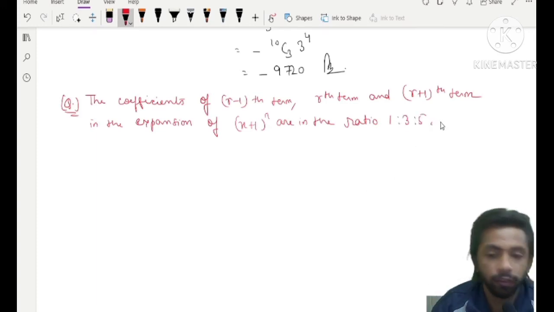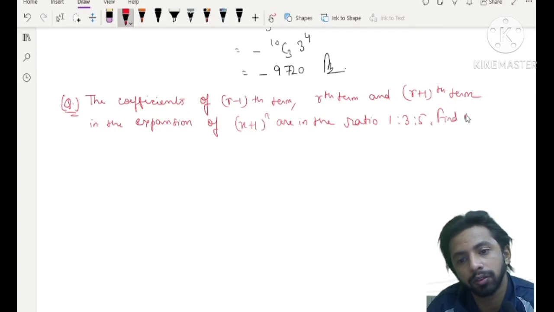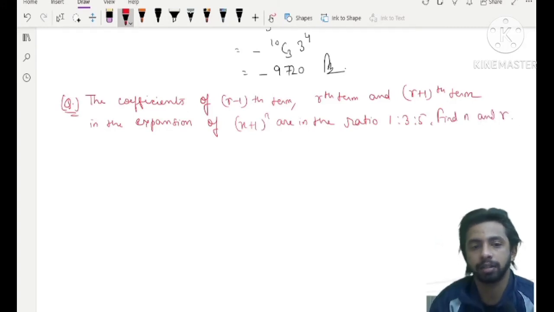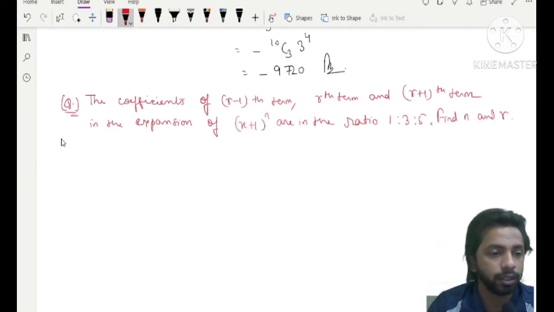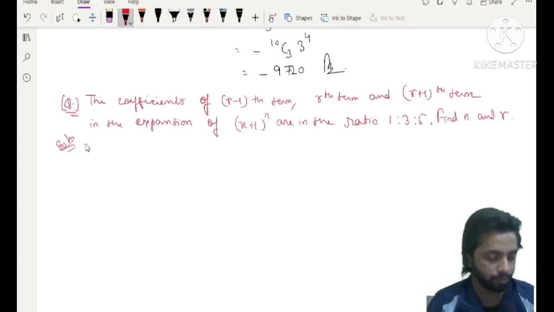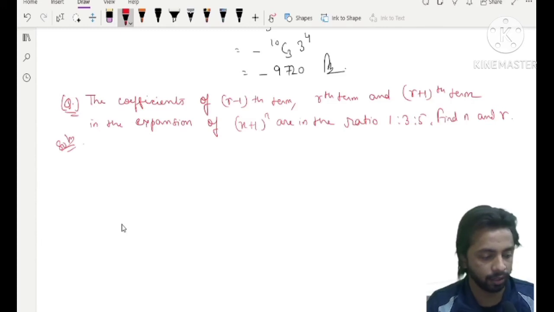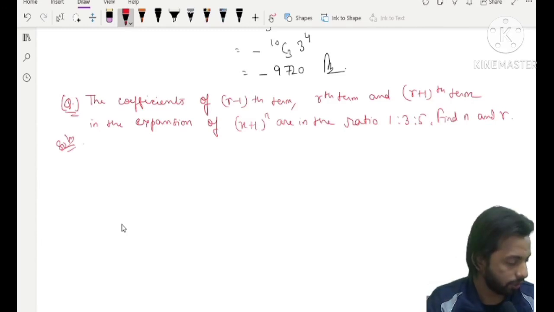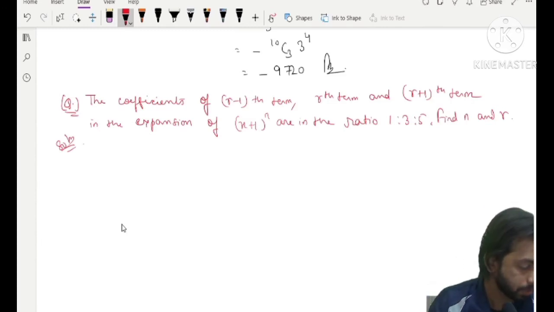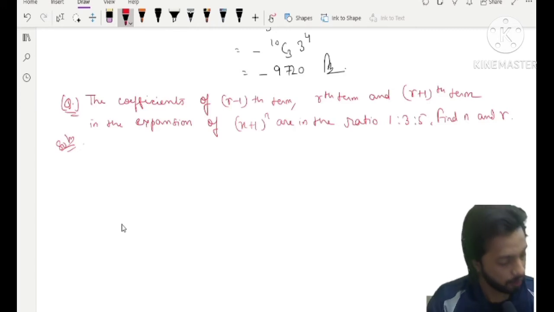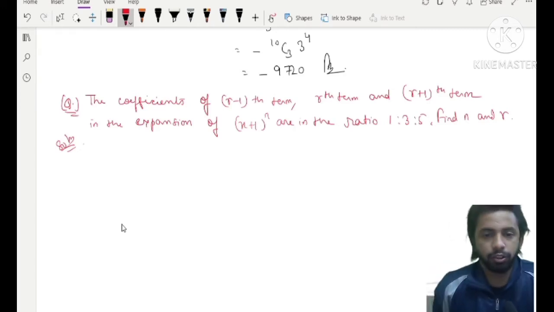You have to find the value of n and r. This is a question. These types of questions you will find in the exercise very frequently. So let's start the solution.